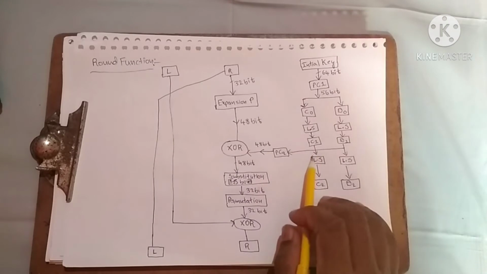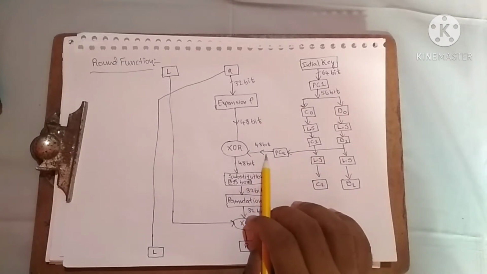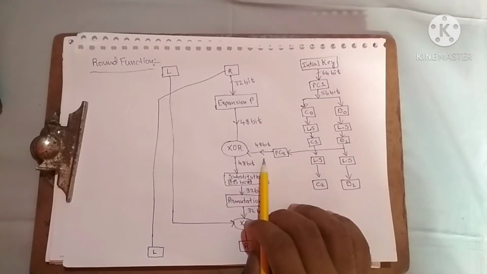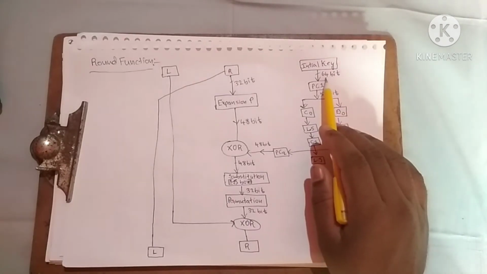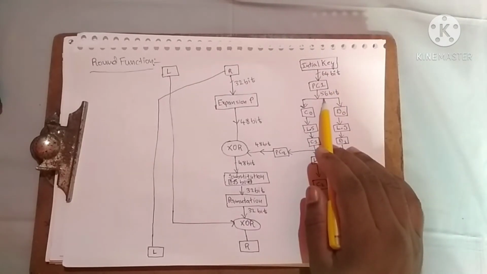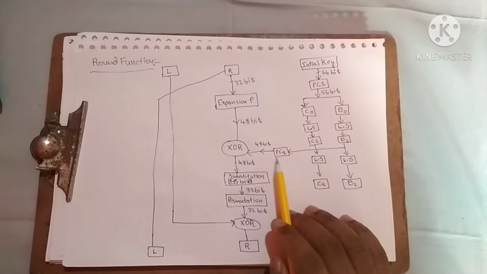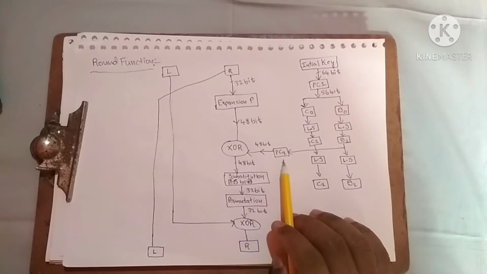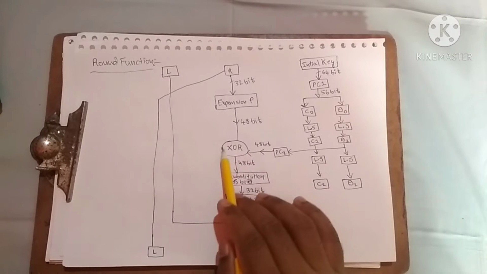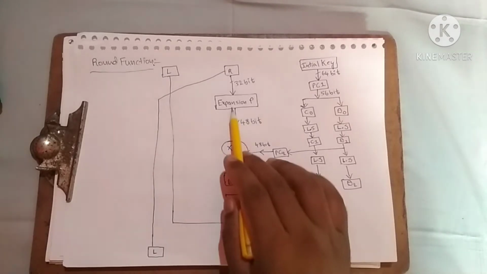After that we are taking the 48 bit key. How the initial key 64 bits gets into 56 and the 56 gets into 48, we have discussed in our previous video. For more details, please watch part 1 for the full information. Here we are performing the XOR operation.